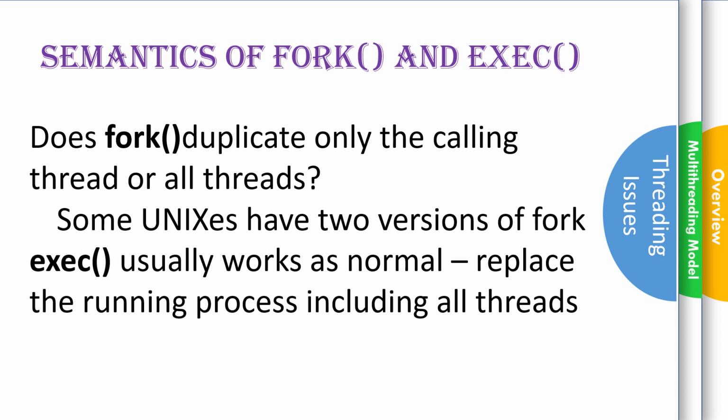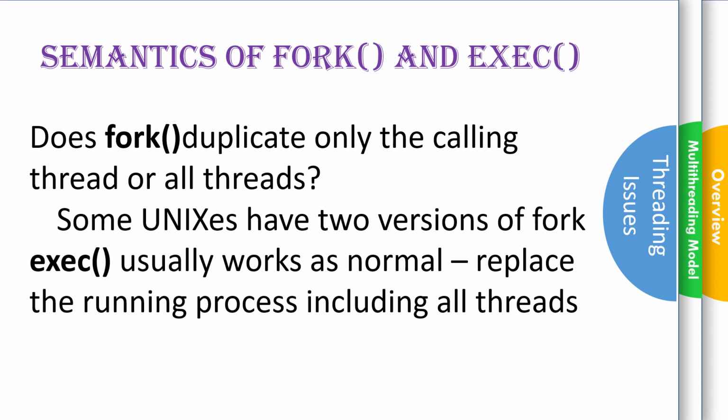First one, the semantics of fork and exec. Now fork is used to create a child process. If you have a multi-threaded application and this process has, supposing, 4 to 10 threads running in it, and one of the threads calls the fork system call, then this process has to create a child process.